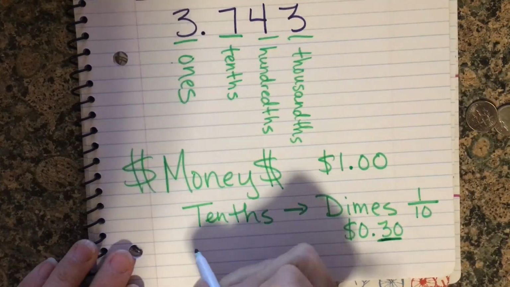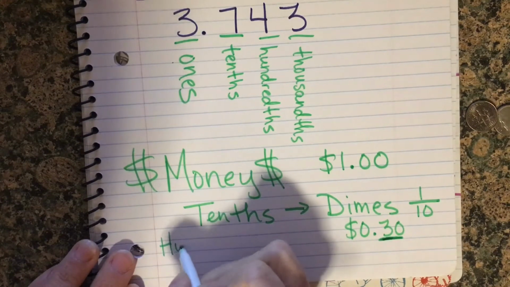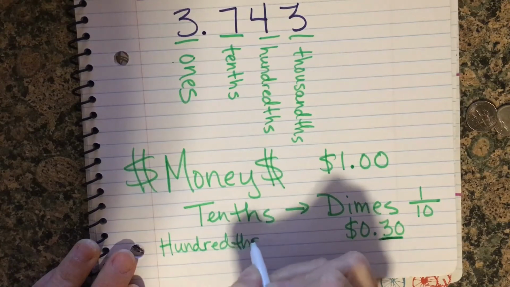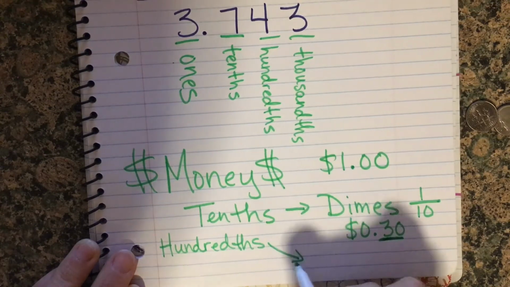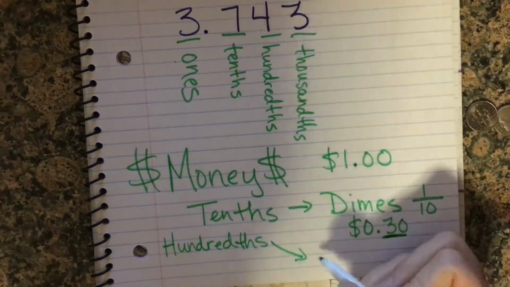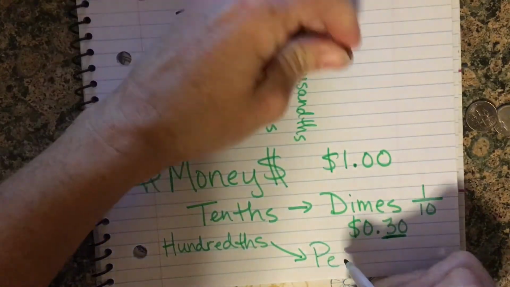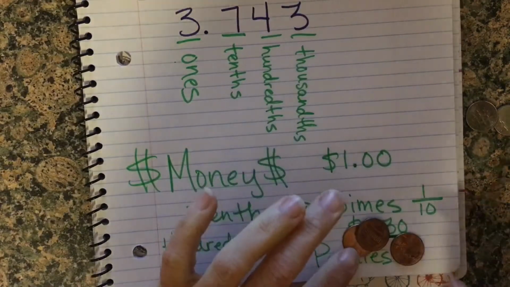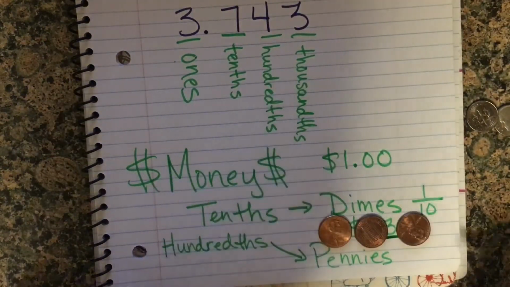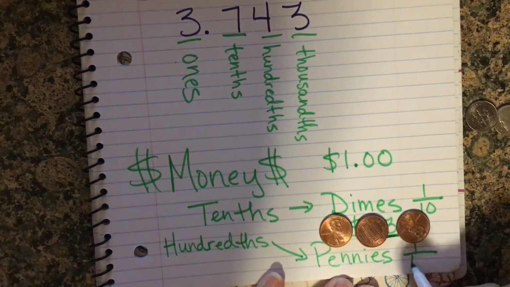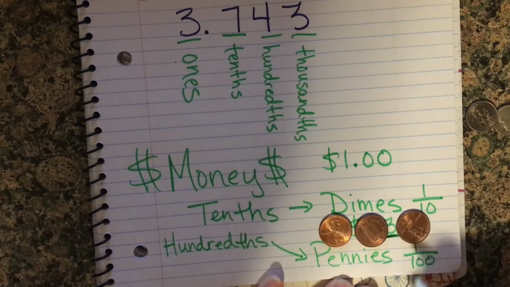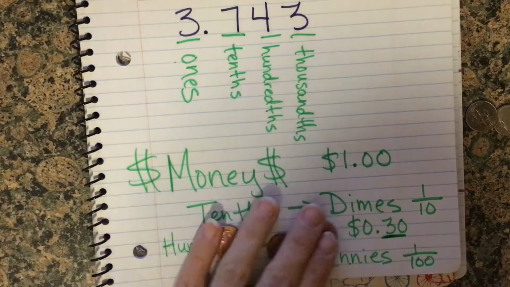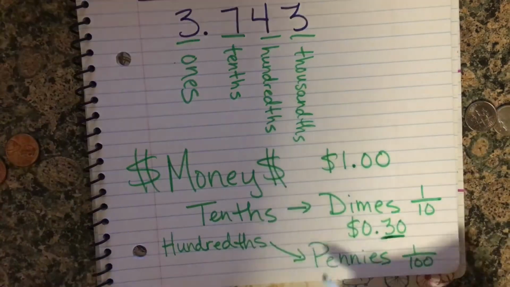When you're working with hundredths, I want you to think about pennies. Pennies are all worth 1/100th of a dollar because it takes 100 pennies to equal a dollar and 10 dimes to equal a dollar. That's how you can think about them.